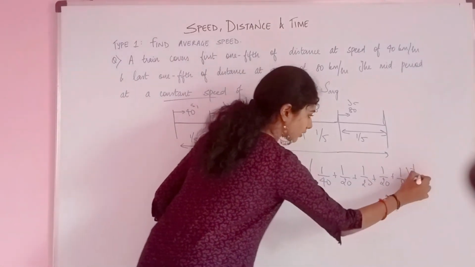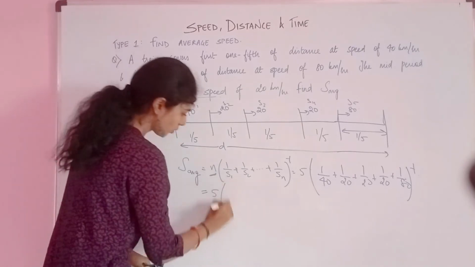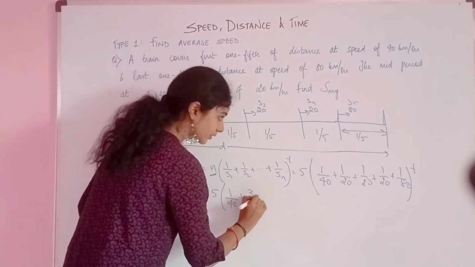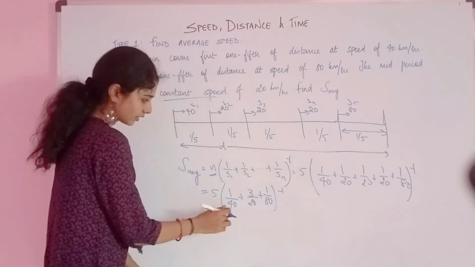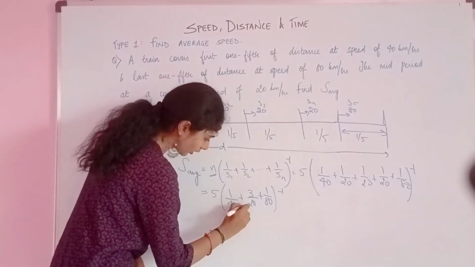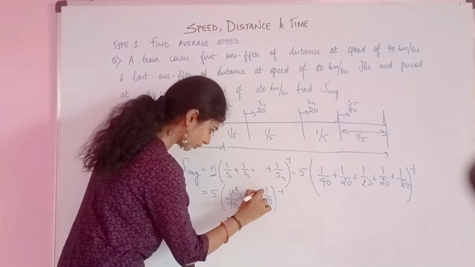Let's simplify it, which is 5 into 1 by 40 plus 3 by 20 plus 1 by 80, the whole inverse. The denominators can all be converted into 80, right? So 40 into 2 and 20 into 4.